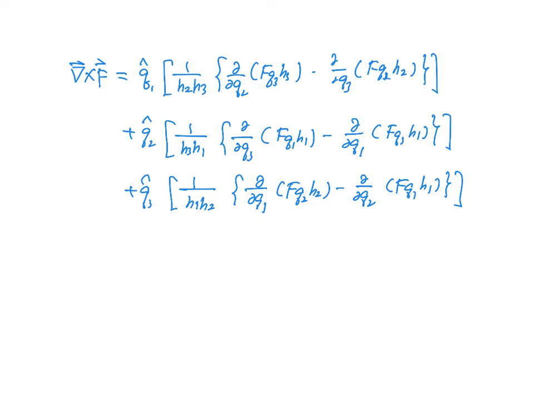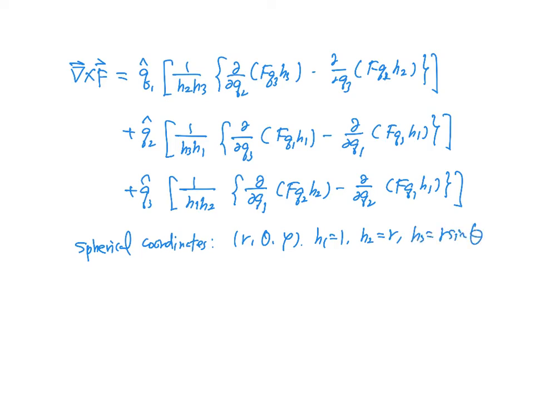Okay, so spherical coordinate. It's R theta phi, and H1 is 1, H2 is R, H3 is R sine theta. So curl in spherical coordinate is given by R direction.